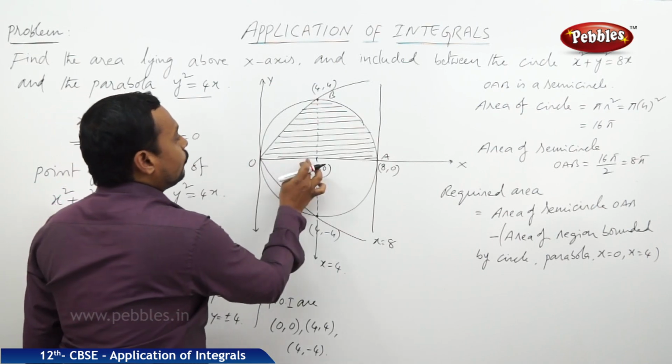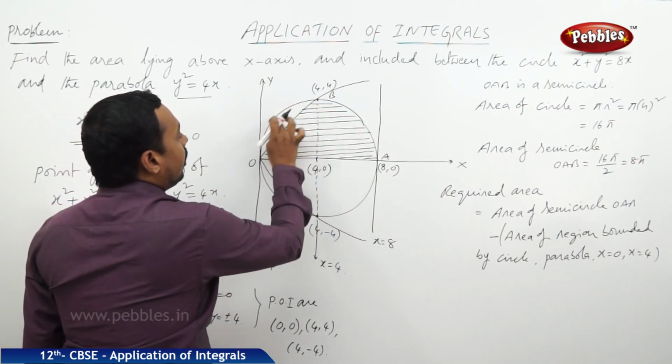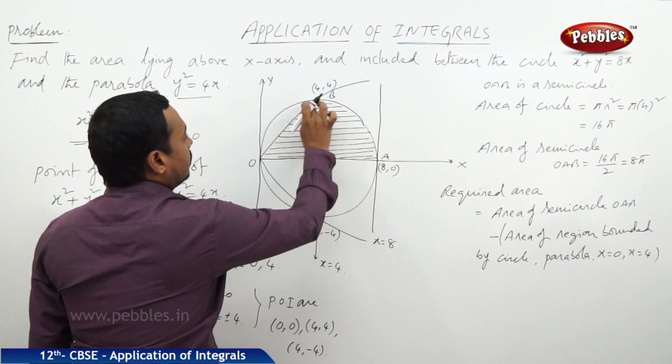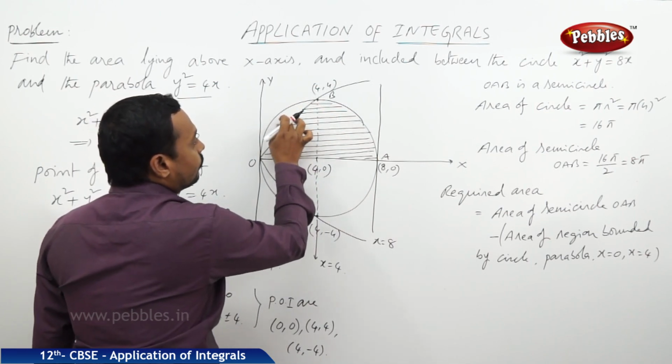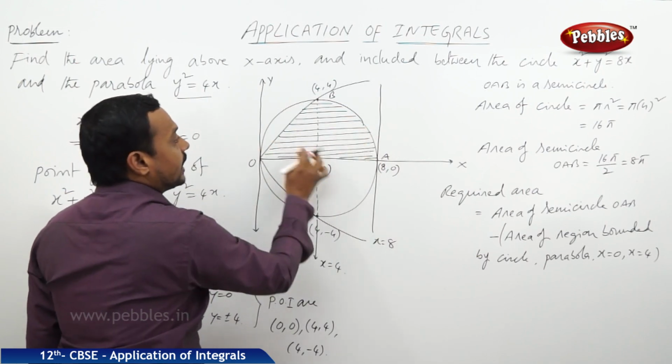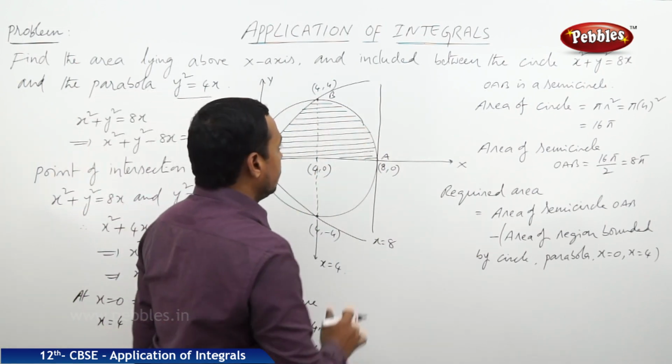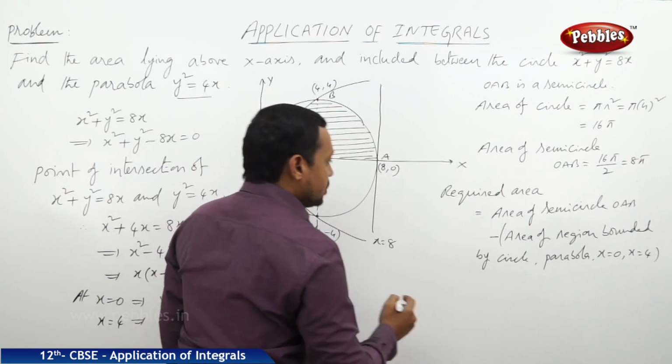So between 0 to 4, let us find the area of this region. Now subtract the area of that part from the total semicircle, then we can get the area of the required region.